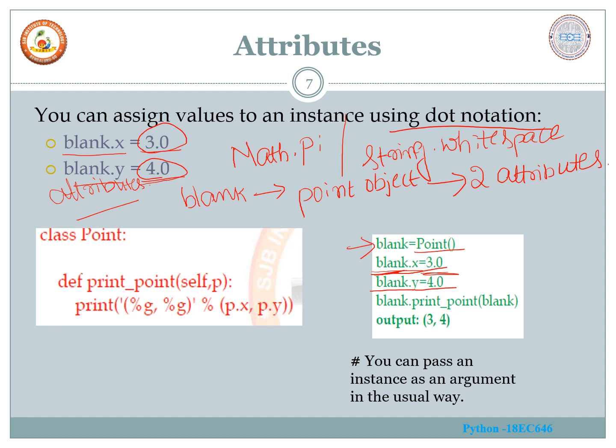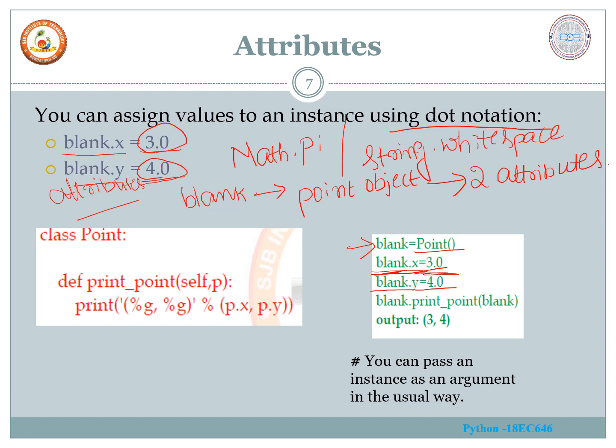So blank dot x means go to that particular object and get the value of x. Here in the example it is getting the value of x, which is nothing but 3.0. So there is no conflict between the variable x and the attribute x, so you can easily identify and analyze. Fine. So you use dot notation as a part of any expression.